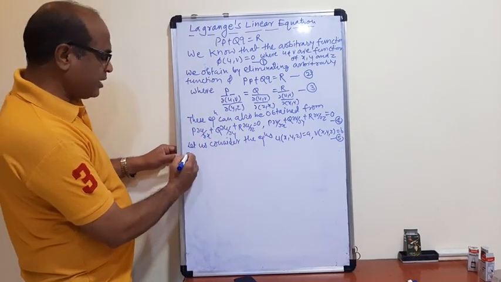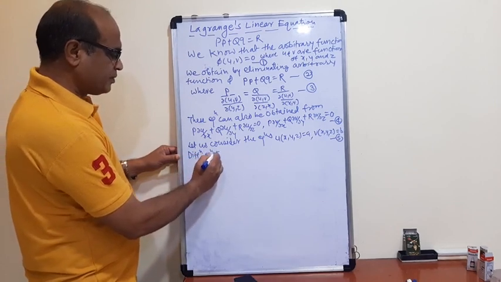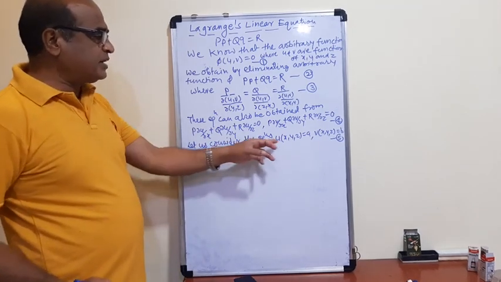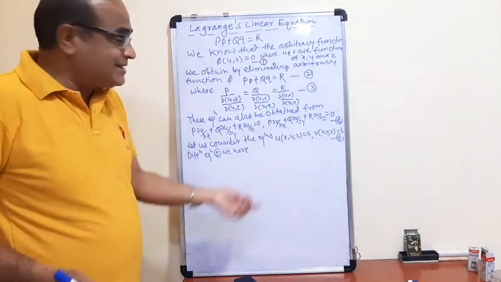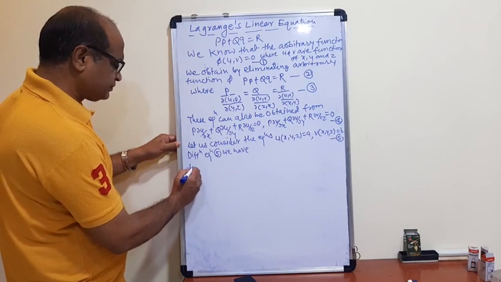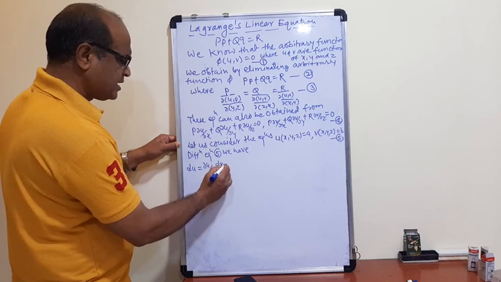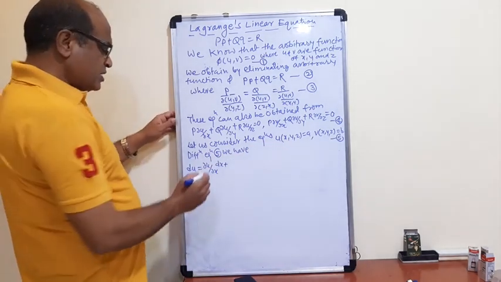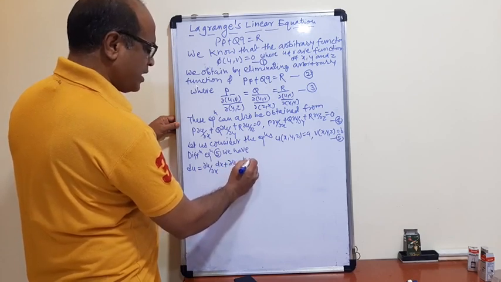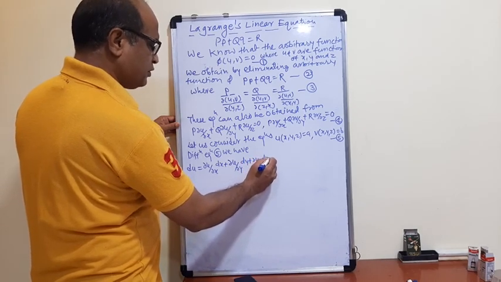So we now differentiate equation 5. What is the total differential of these equations? This is very simple. du is equal to dou u by dou x into dx plus dou u by dou y into dy plus dou u by dou z into dz is equal to 0.